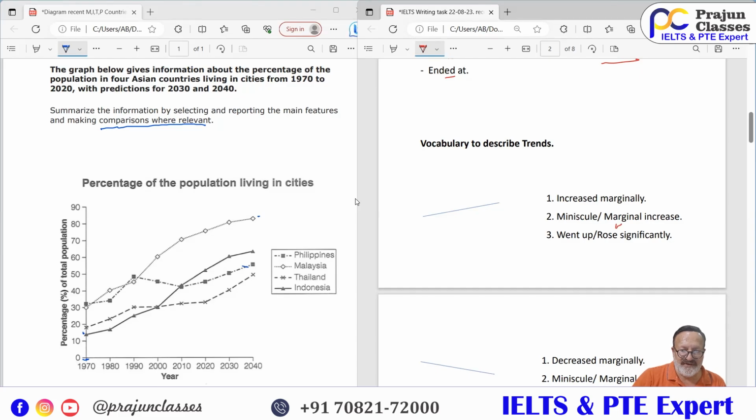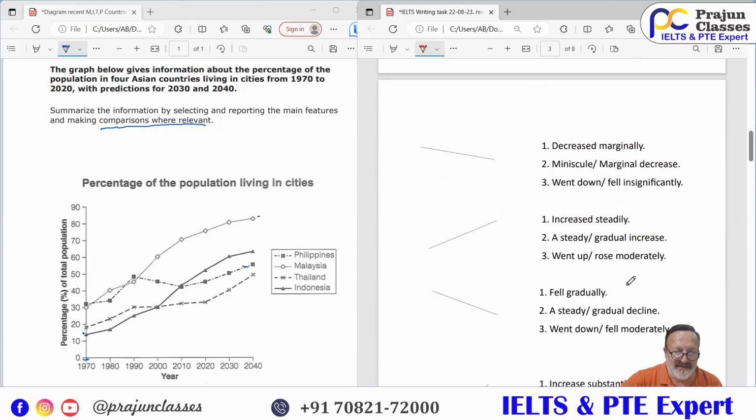This is not significantly, this is insignificantly, or rose insignificantly. For a gradual, very small incline, we use these vocabulary trends. Now I'll tell you how we have to write it.